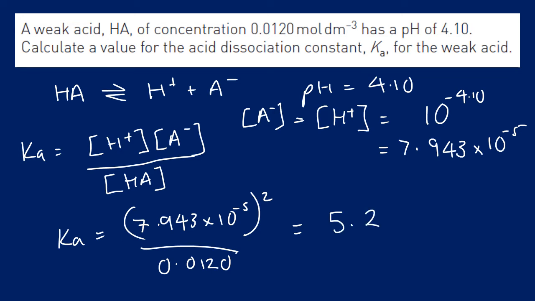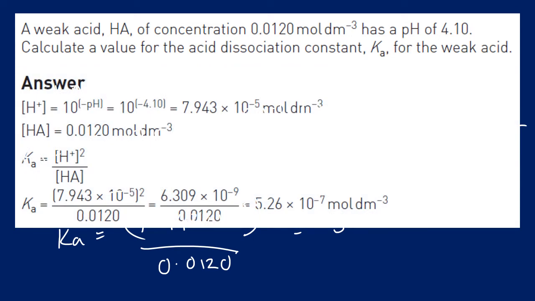How many decimal places are significant? I'm going to go with 3 significant figures here, because I've got 3 significant figures in the concentration, and I suppose 3 significant figures in pH, although pH is usually decimal places. But I've gone for 5.26 times 10 to the minus 7. Yes, it's correct. Well done.